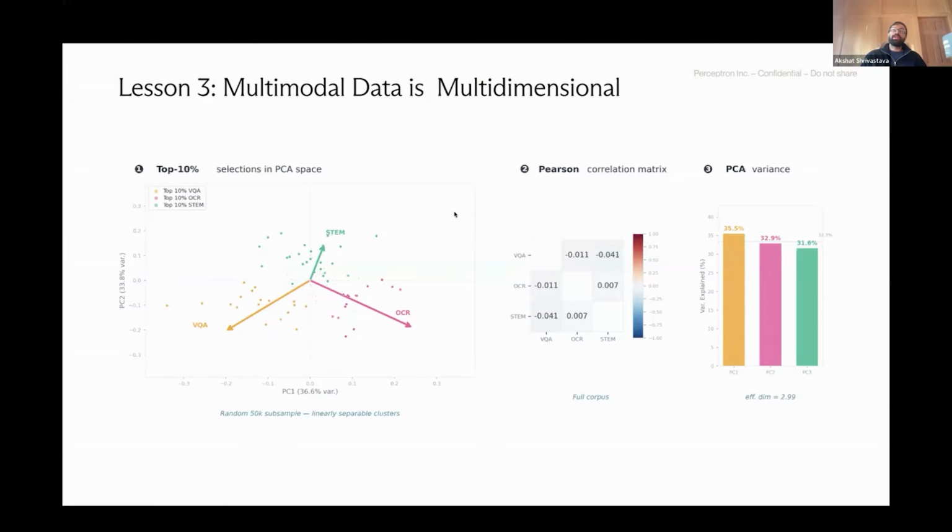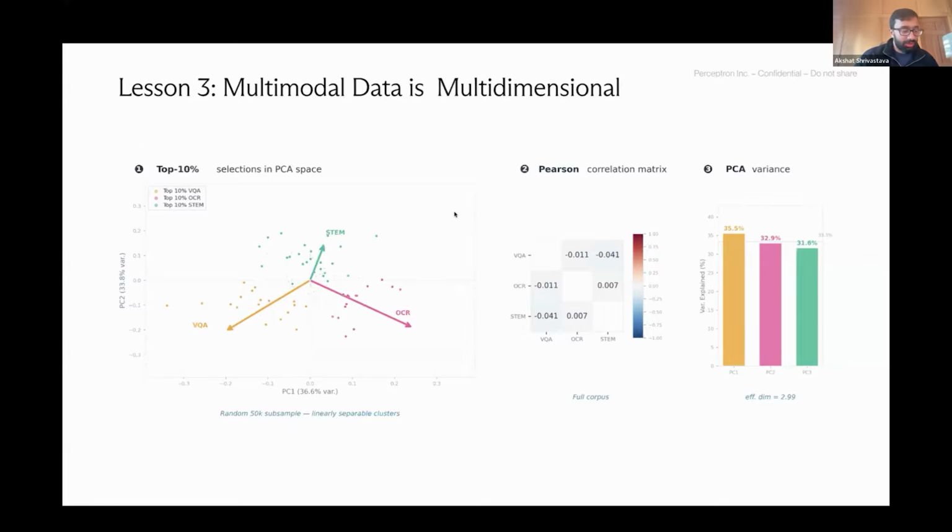But the third lesson in building these physical foundation models, and generally multimodal systems itself, is that multimodal data is multidimensional. What I mean by this is that, of course, there are many dimensions to data, but if you look at each data point individually, and start collecting a ton of data to go after different multimodal capabilities across any of the modalities you're interested in, what you find is that there are essentially atomic units of capabilities.